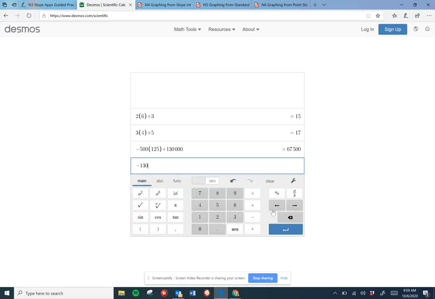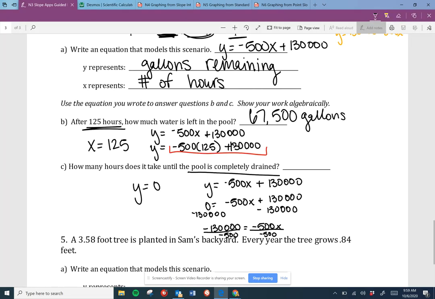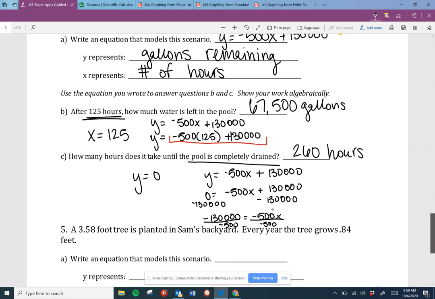So that would be 260 hours, okay? And then the last problem here, I have a 3.58-foot tree is planted in Sam's backyard. Every year, the tree grows 0.84 feet, okay? So this is going to be that initial, that's going to be the b value that it starts off at. And then 0.84 is going to be the slope because it's growing that much every year, okay?